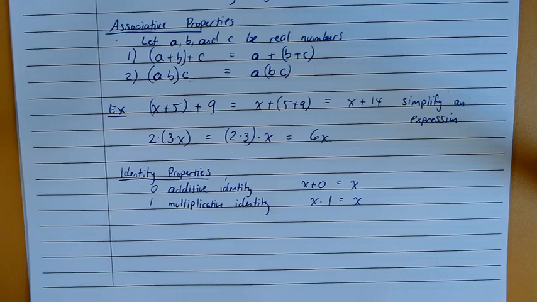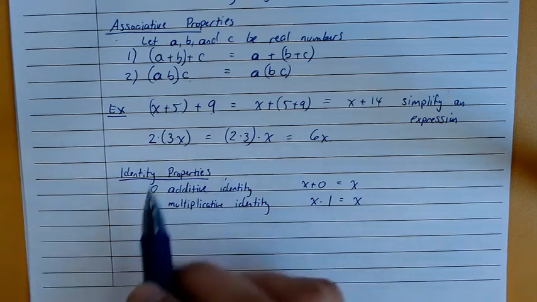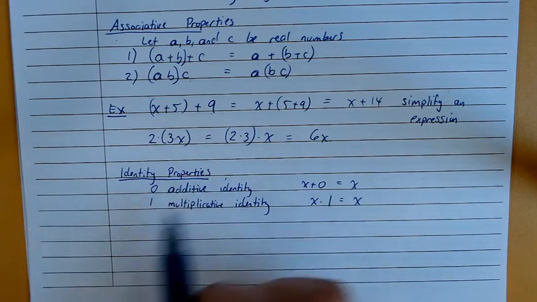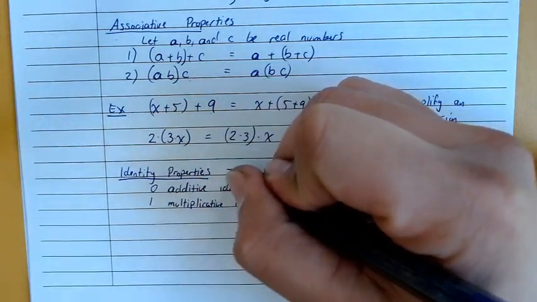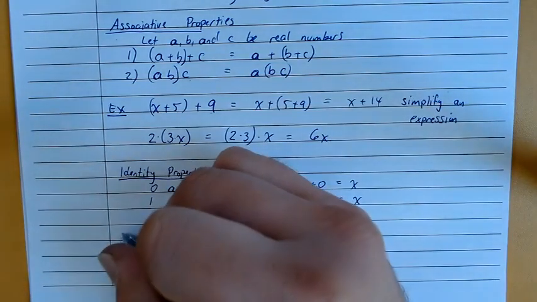When discussing the identity properties, you also can discuss the inverse properties. They are very closely related because they both involve the identities, the additive and the multiplicative identity. So here, the identity properties should also be joined by the inverse properties. I'm going to go ahead and put those separately.